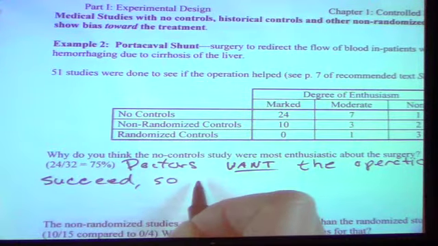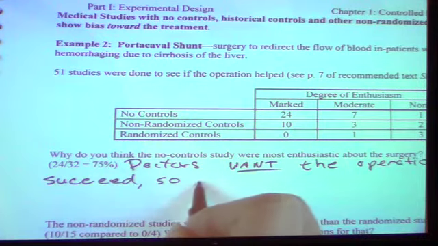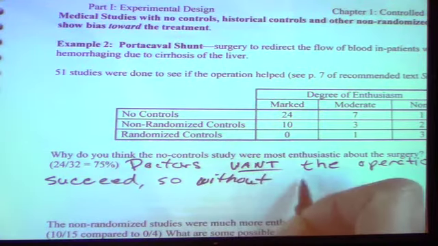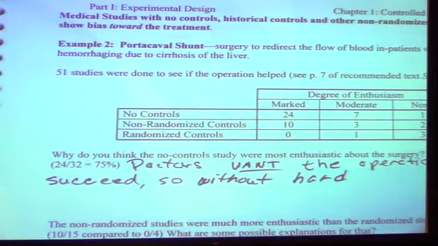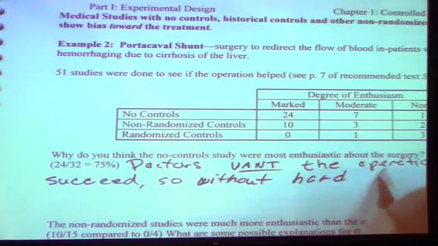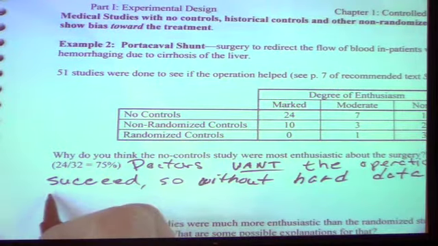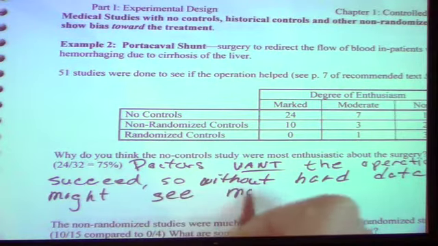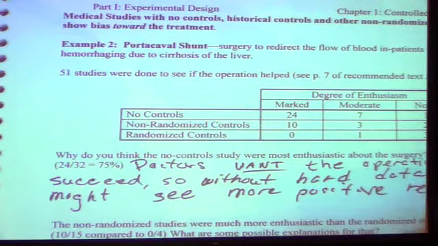So when they're not confronted with hard evidence, a hard quantitative comparison, and what I mean by hard is numbers, hard data in front of them, they might see more positive results than really exist.